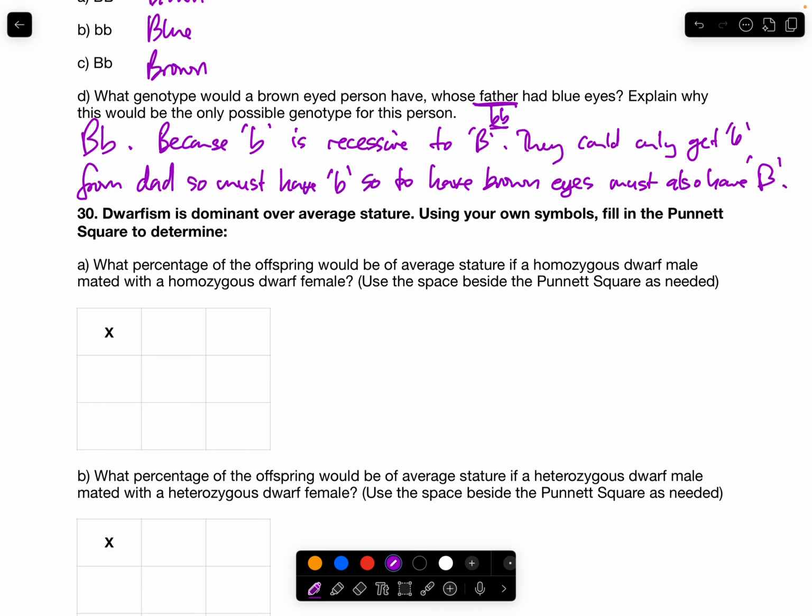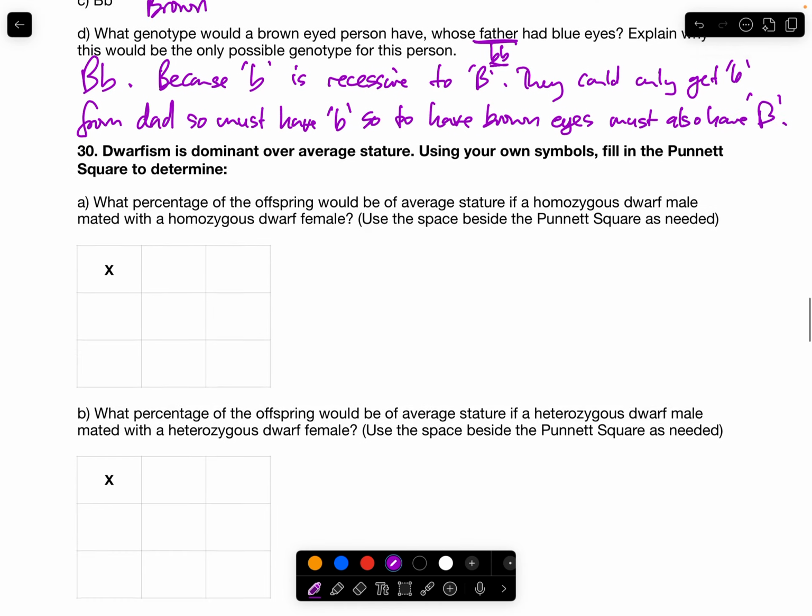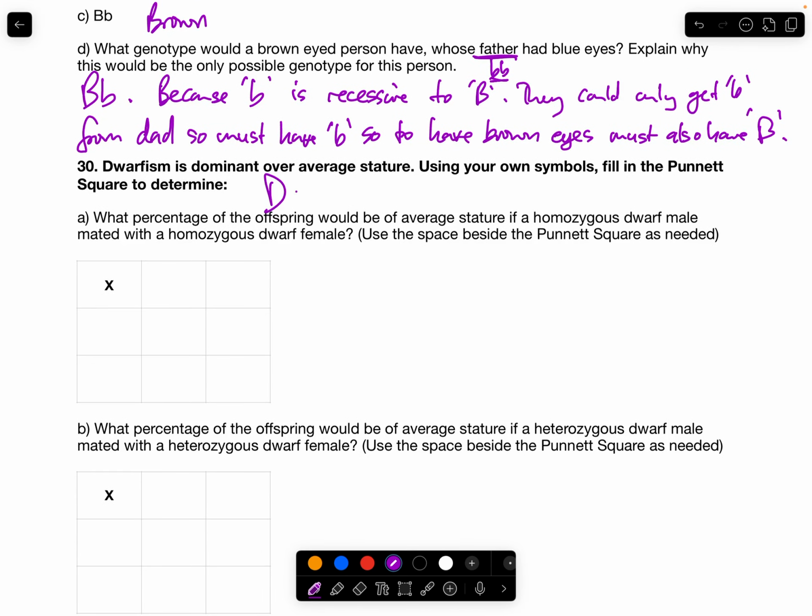Using your own symbols, fill in the Punnett square to determine. So let's say big D dwarf, small d average. What percentage of offspring would be average stature?